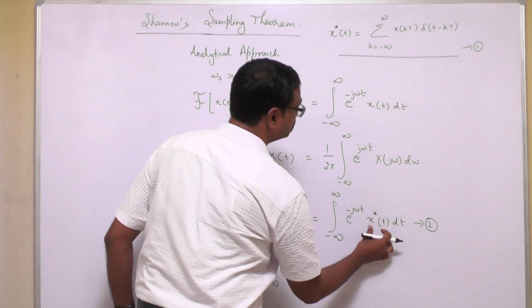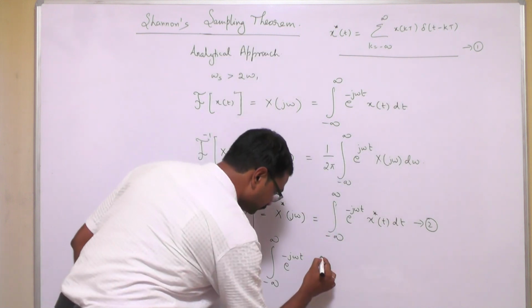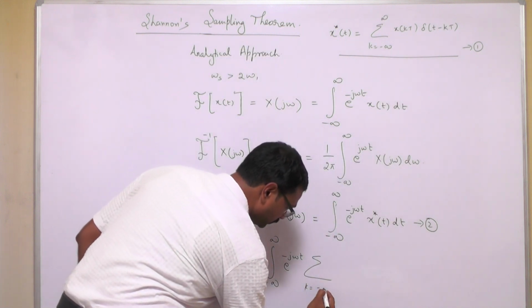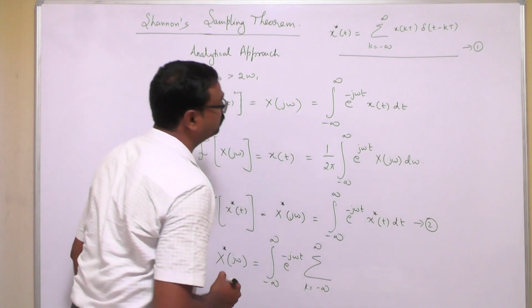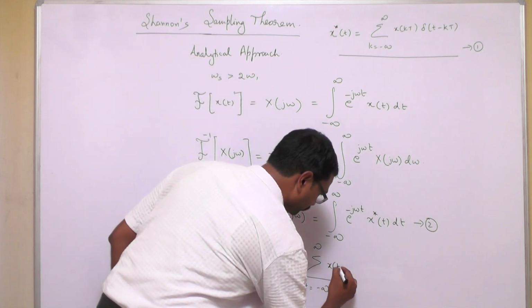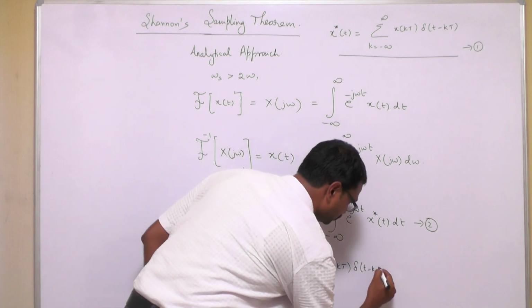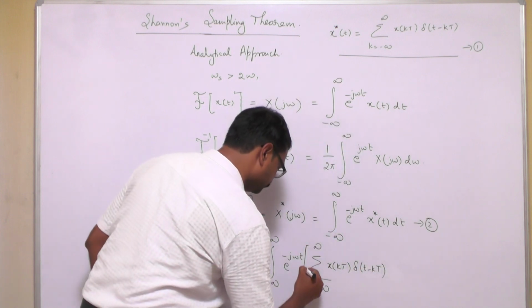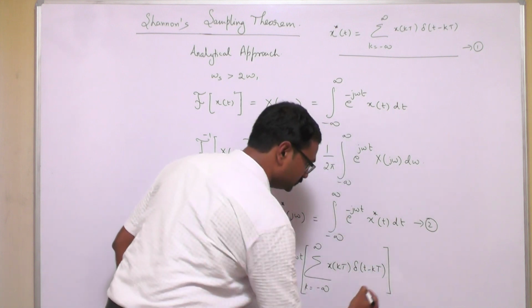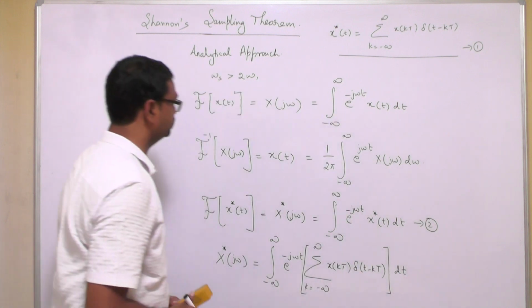And what is x star of t? It is sigma k from minus infinity to infinity x of kt del of t minus kt, and this is multiplied with dt.